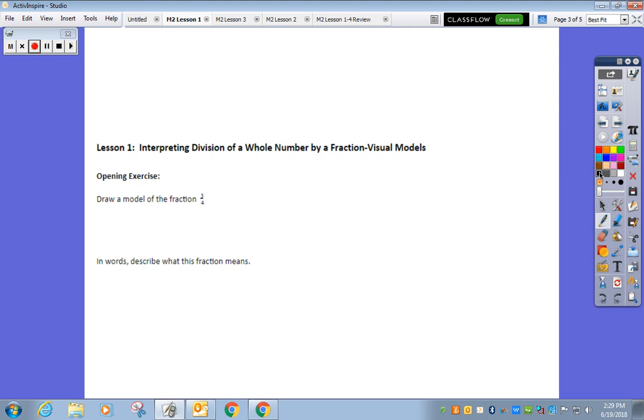All right, so the opening exercise here is asking us to draw a model of the fraction 3/4. One way to think of 3/4 is that in words, it means 3 out of 4. We're going to stick to these rectangular models because it's easier to work with when dividing fractions.